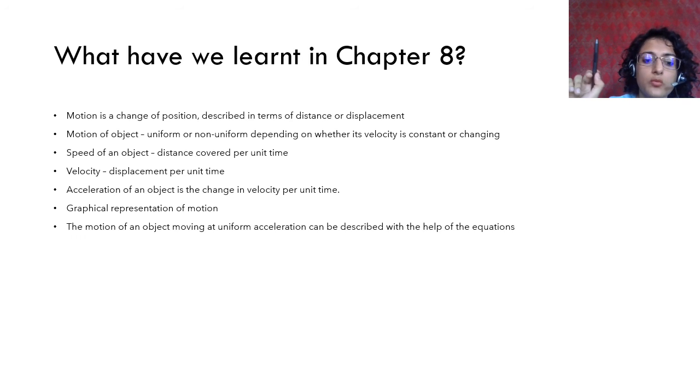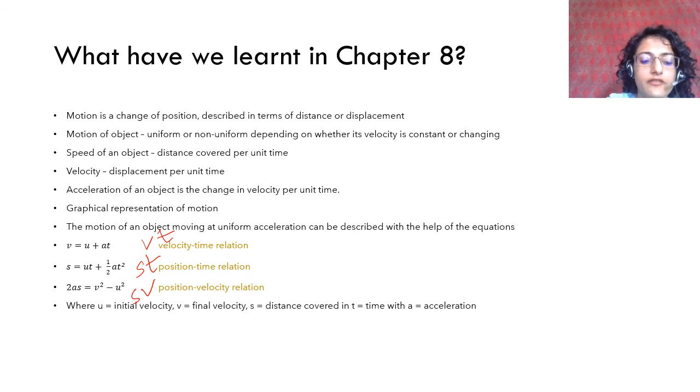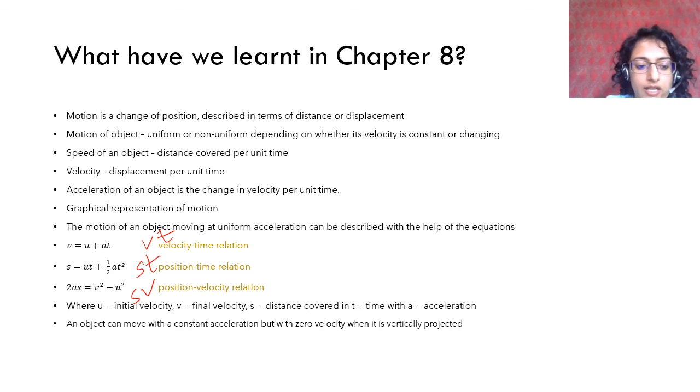Motion of an object moving at uniform acceleration can be described with the help of these equations: velocity time relation, position time relation, position velocity relation. Please remember, in the velocity time relation you will find v and t, position time has s and t, position velocity has s and v. Where u is initial velocity, v is final velocity, s is distance covered, time t, acceleration a.